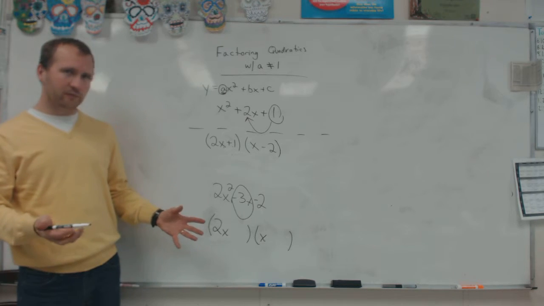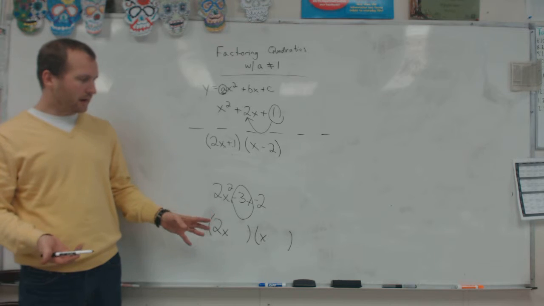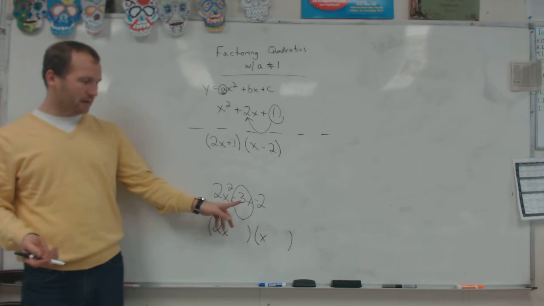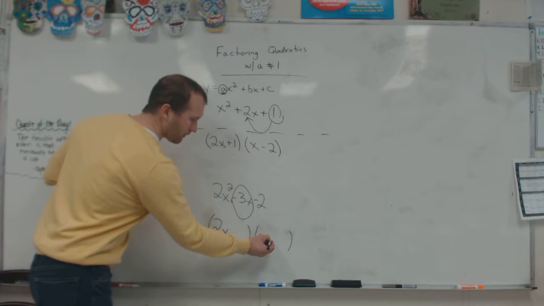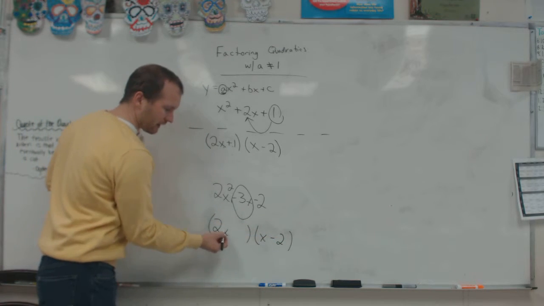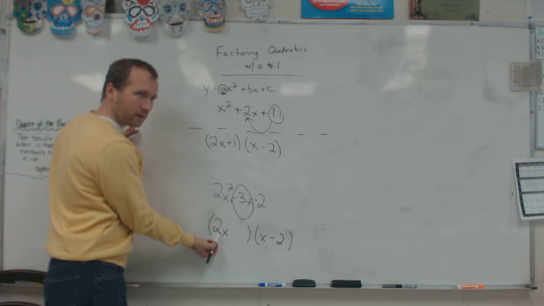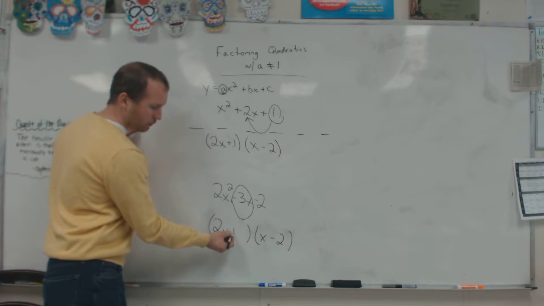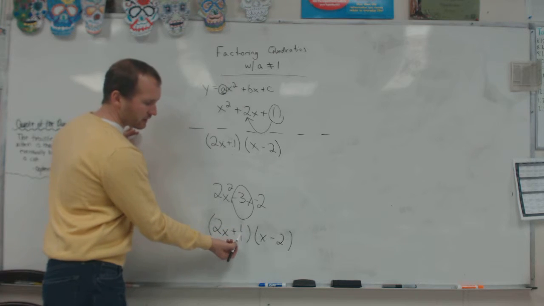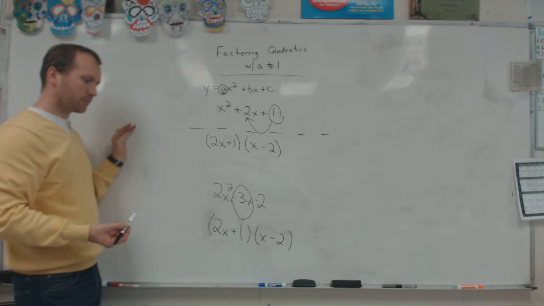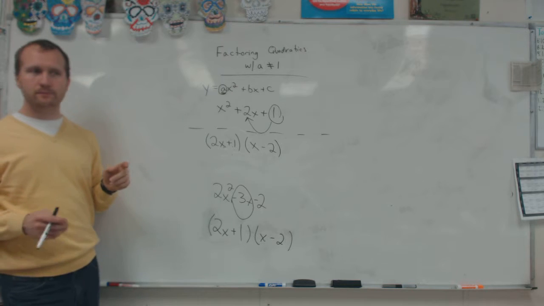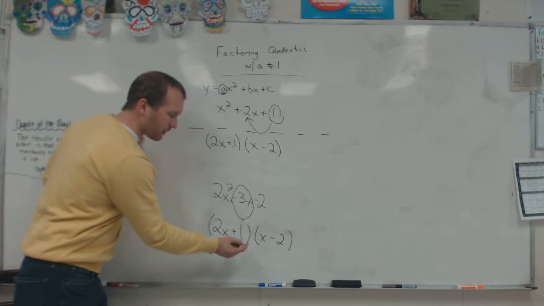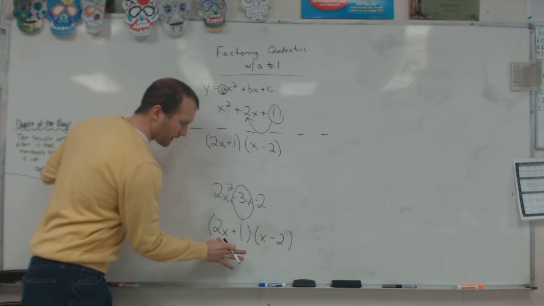And I would think about this and go, wait a second, I know that negative 4 plus 1 is going to give me that negative 3. So I'm going to put my minus 2 here to get that negative 4, because 2x times negative 2 is negative 4x. I'm going to put my plus 1 here to get that plus 1x. And then I would check it, but we already checked it. So what we're doing is we're factoring this, but we're combining this and we're combining this.